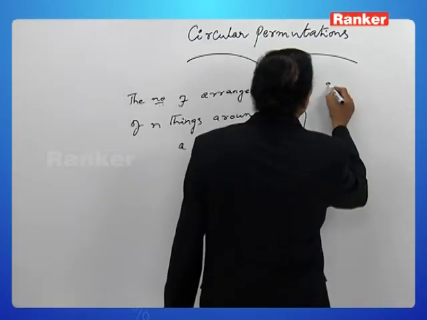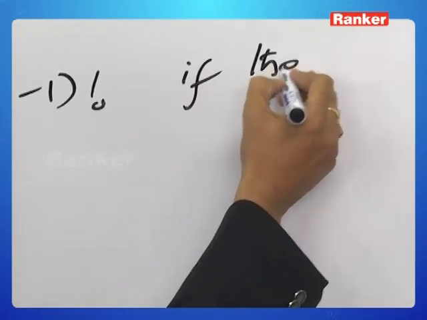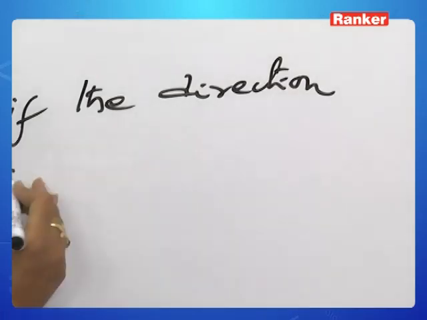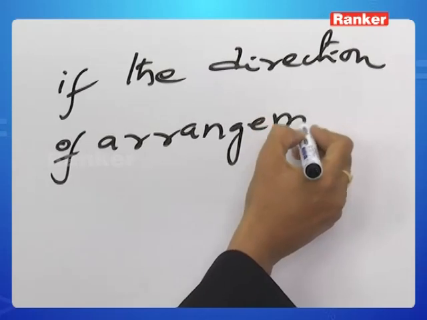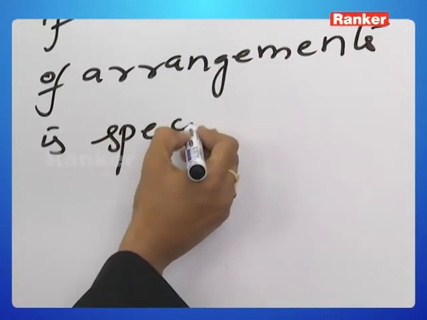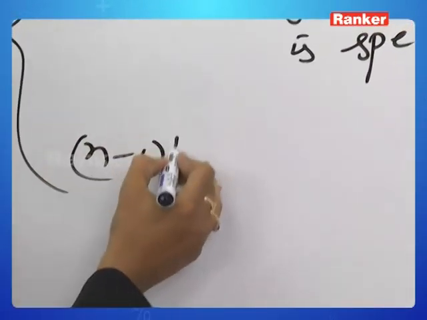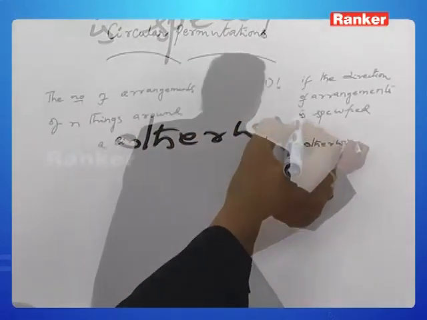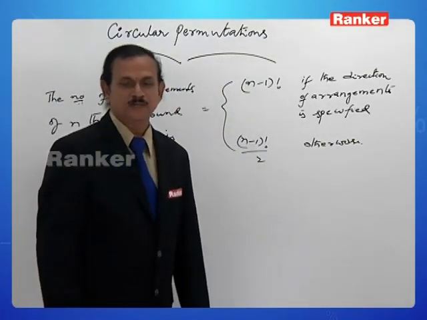One answer is (n-1)! if the direction of arrangements is specified. And one more thing, (n-1)!/2 otherwise, in the sense that the direction of arrangements is not specified.